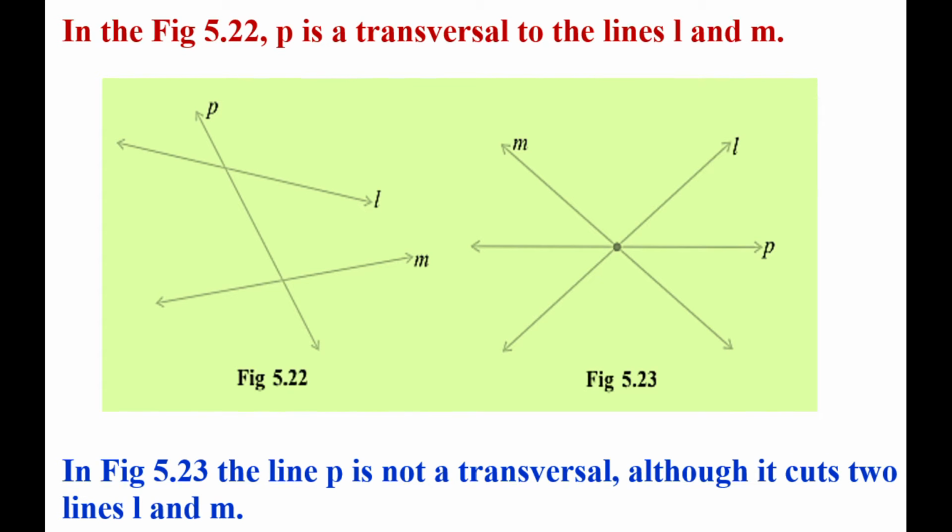Now you see the figure 5.23, the line P is not a transversal, although it cuts two lines L and M. All the three lines meet at one common point, that is the intersecting point. So here P is not a transversal.